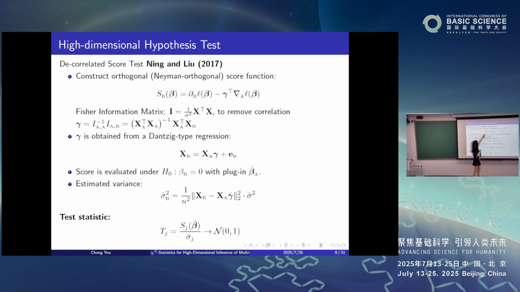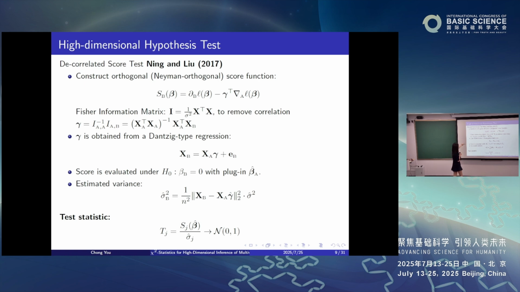So we actually know the covariance structure for lambda b and lambda a here. So this is the score vector. We can obtain the correlation using the Fisher information matrix, but this is only true when it is a linear model.